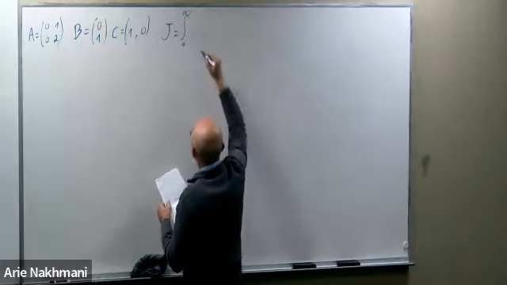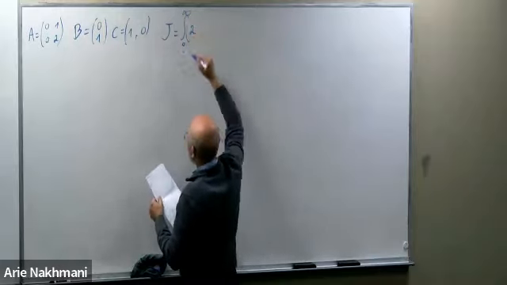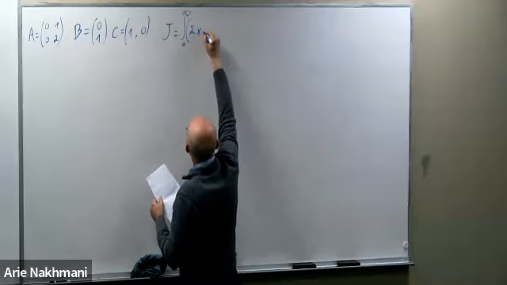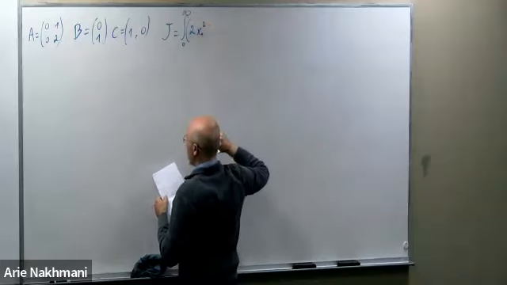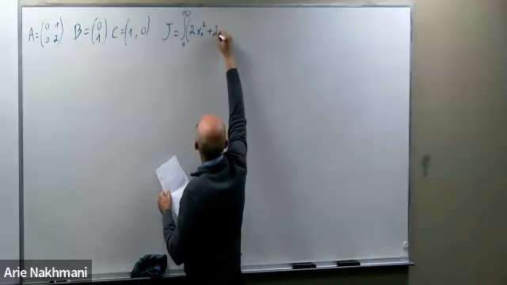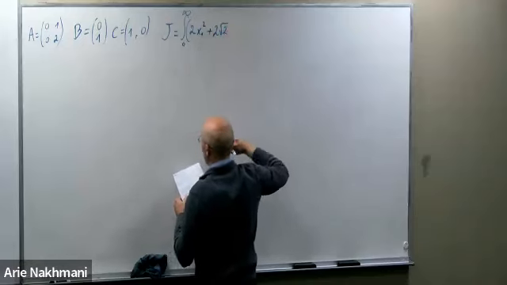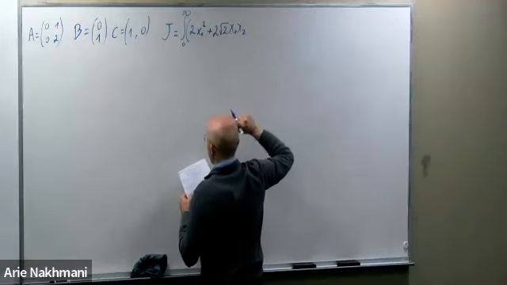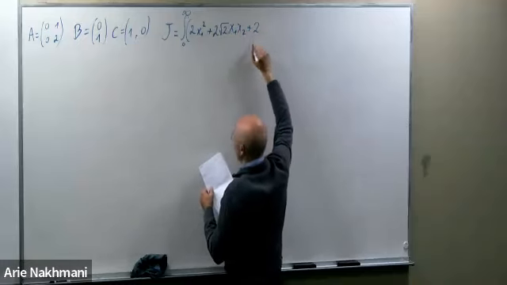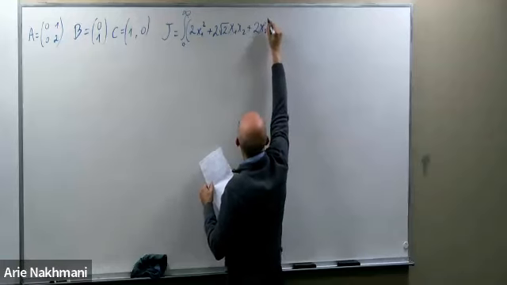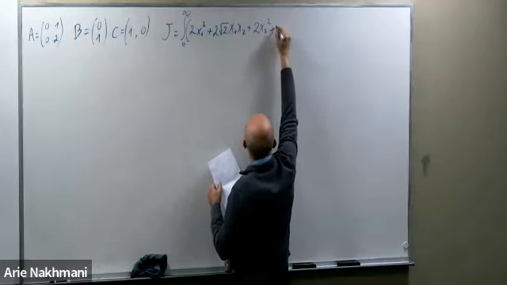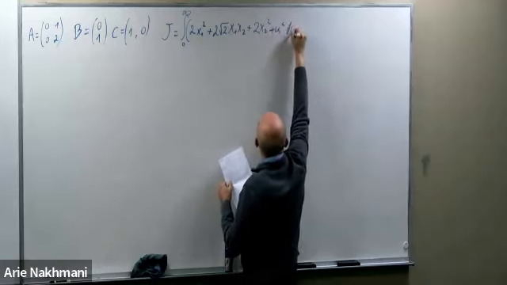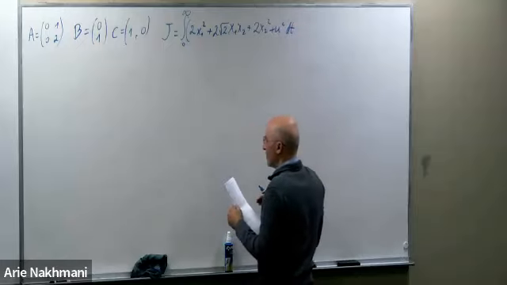J will be 2x1 squared plus twice square root of 2 x1 x2 plus twice x2 squared plus u squared, something more complicated.